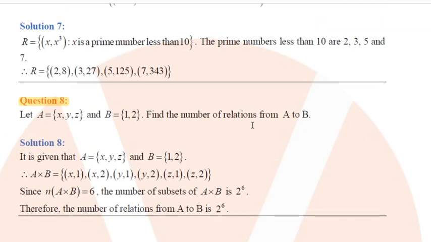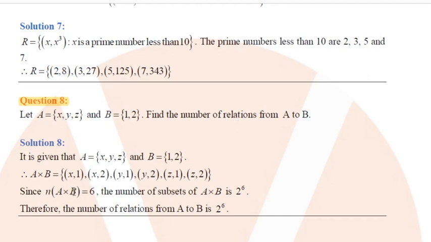Find the number of relations from A to B. We have to find the number of elements in sets A and B. In set A there are 3 elements, and in set B there are 2 elements. The number of elements in A cross B is 3 into 2, which is 6.